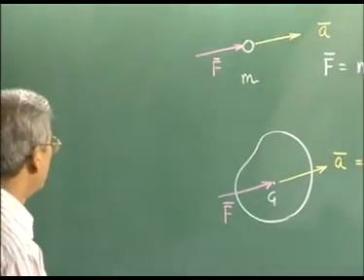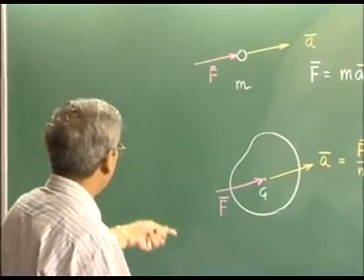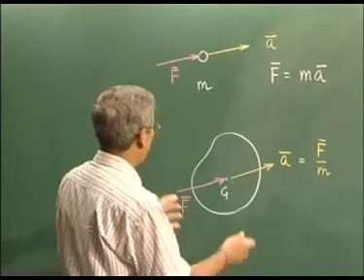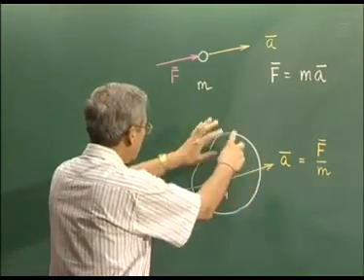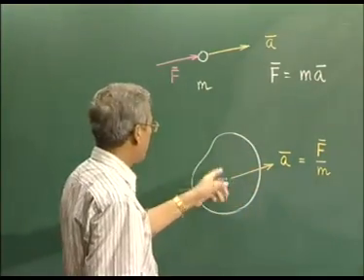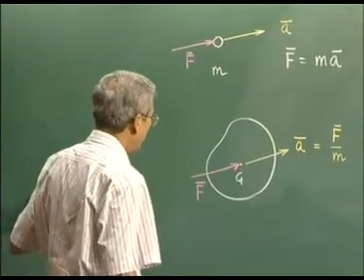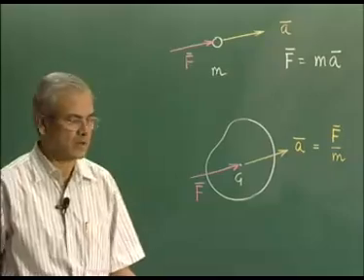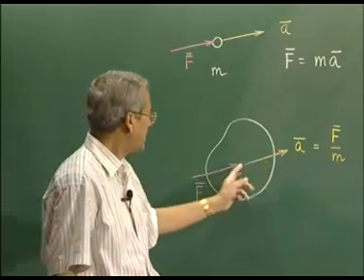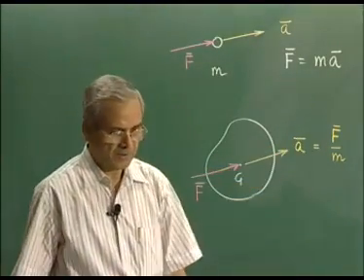So, in translational motion the rigid body behaves like a particle, as if the whole mass has been concentrated at the center of mass, where the resultant of all the external forces is acting, and the acceleration of the center of mass will be this.